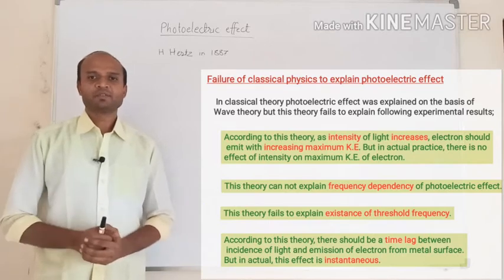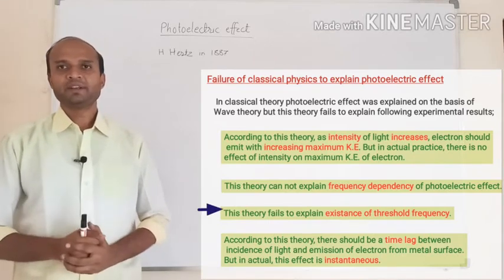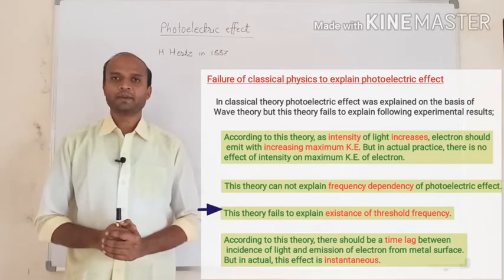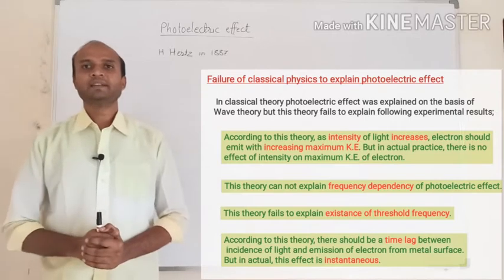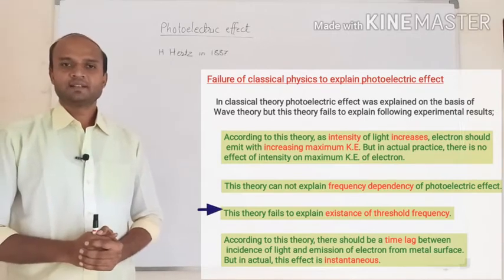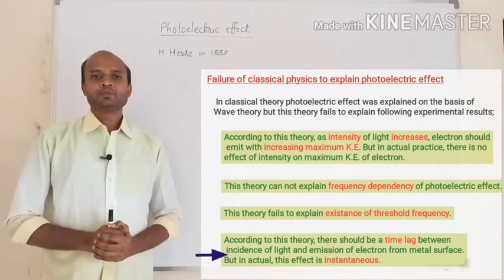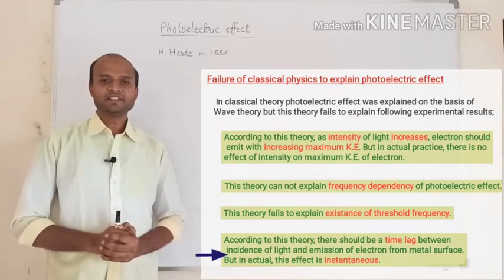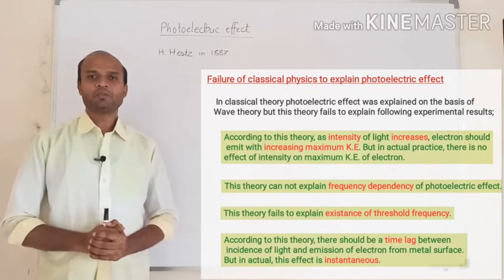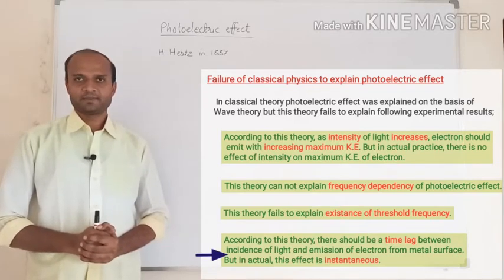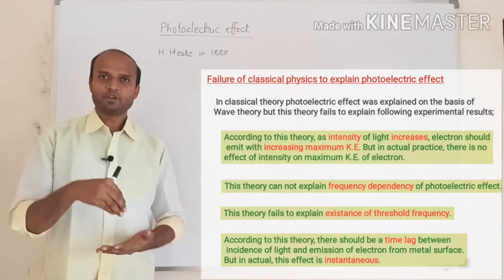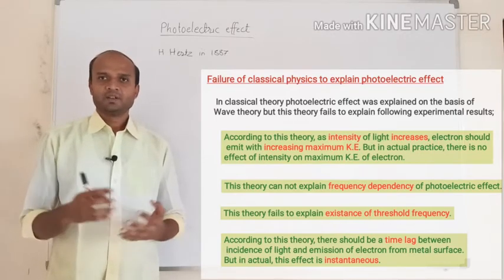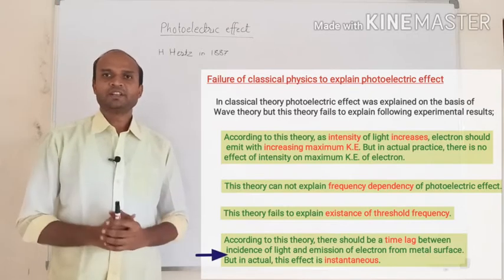Then existence of threshold frequency, the same point: the role of frequency in photoelectric effect cannot be explained by the classical theory. Then according to this theory, there should be a time lag between incidence of light and emission of electrons from the metal surface, because when light of suitable intensity is incident on a metal, it should take some time to get the energy required to free the electron.